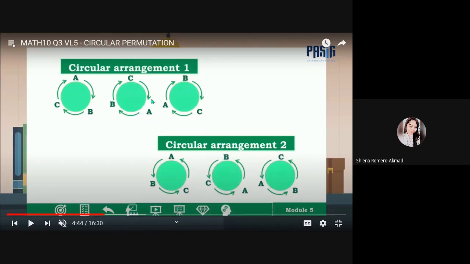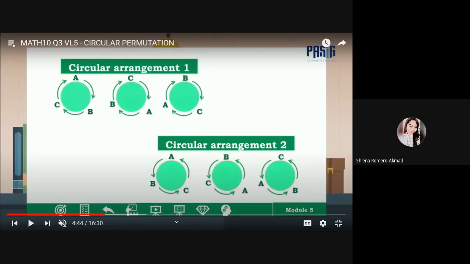Now A is here. On his or her left, nandun si B. Sa left naman ni B, nandun si C. At sa left ni C, nandun si A. Nagbago ba yung nasa kaliwa nila? Yes. Nagbago yung mga nasa kaliwa nila.